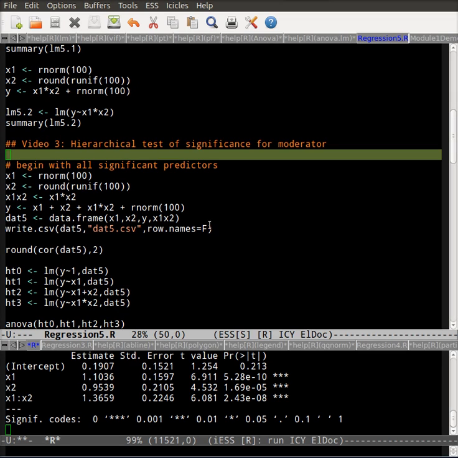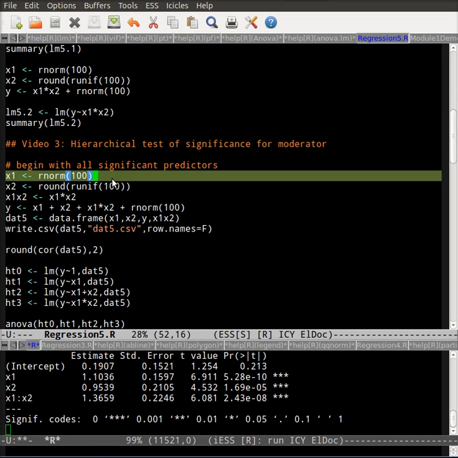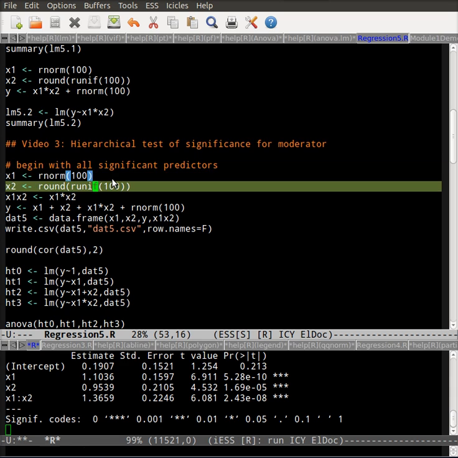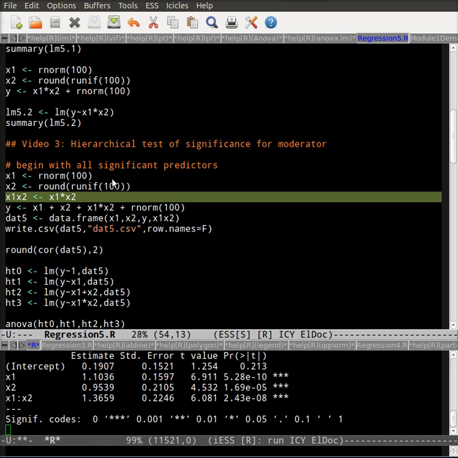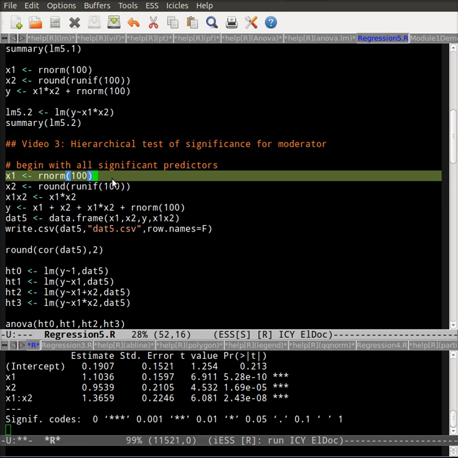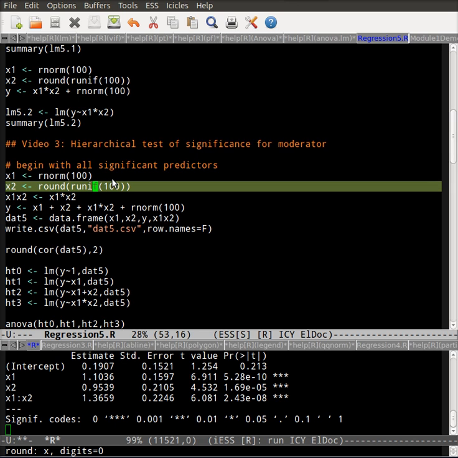What I'm going to do is start out with constructing data. I've got an x1 and an x2, and then I create an interaction term, which is basically just multiplying my two primary predictors, x1 and x2. Now, to give you some idea about my x1 and x2, x1 is a continuous variable and x2 is a binary variable.